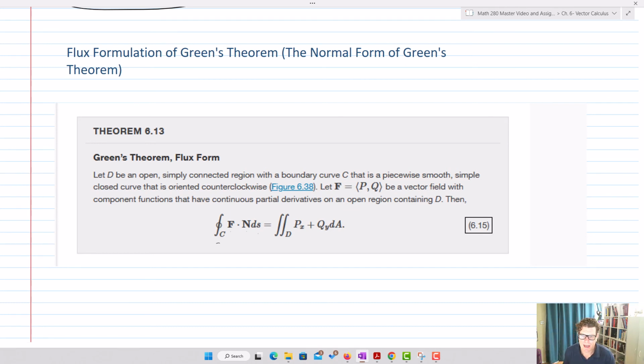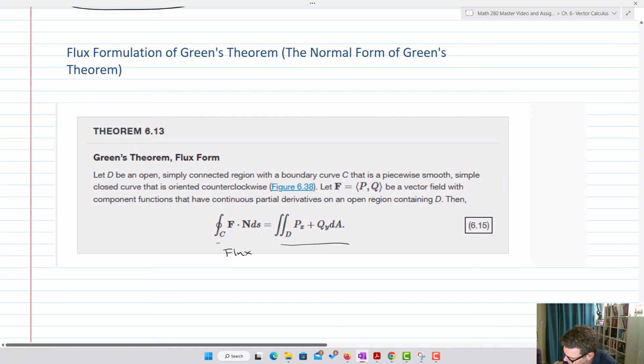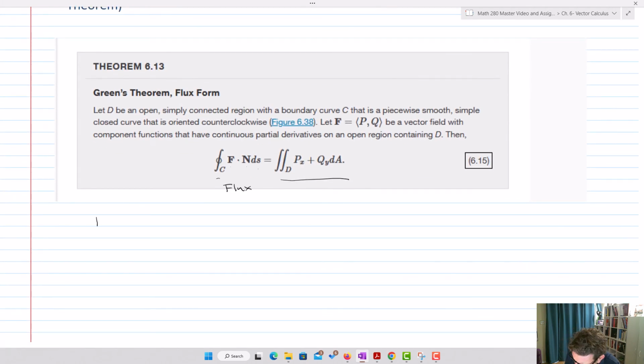If we have f equal to pq, and they have continuous partial derivatives on an open region containing D, with a piecewise smooth curve and a simply connected region, then the flux can be transformed into a double integral of px plus qy dA.